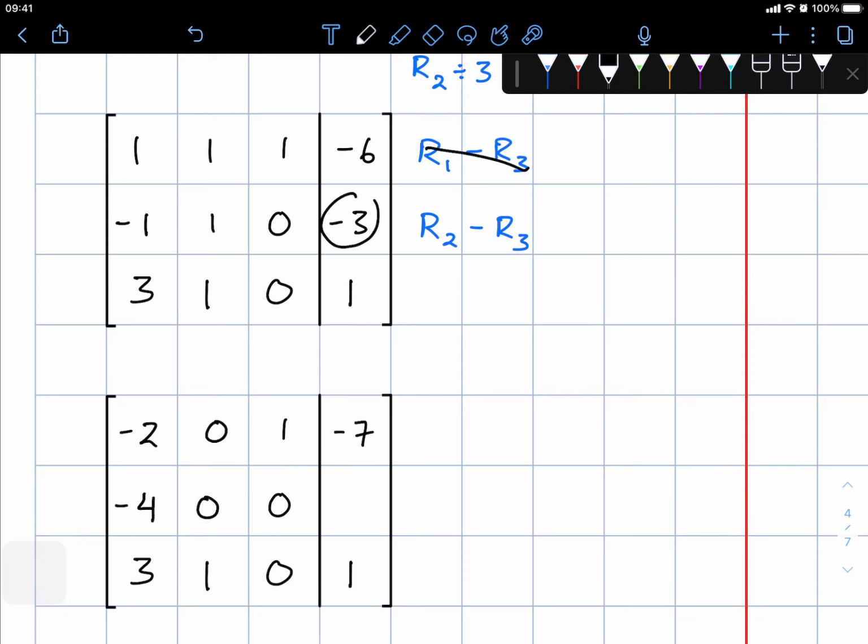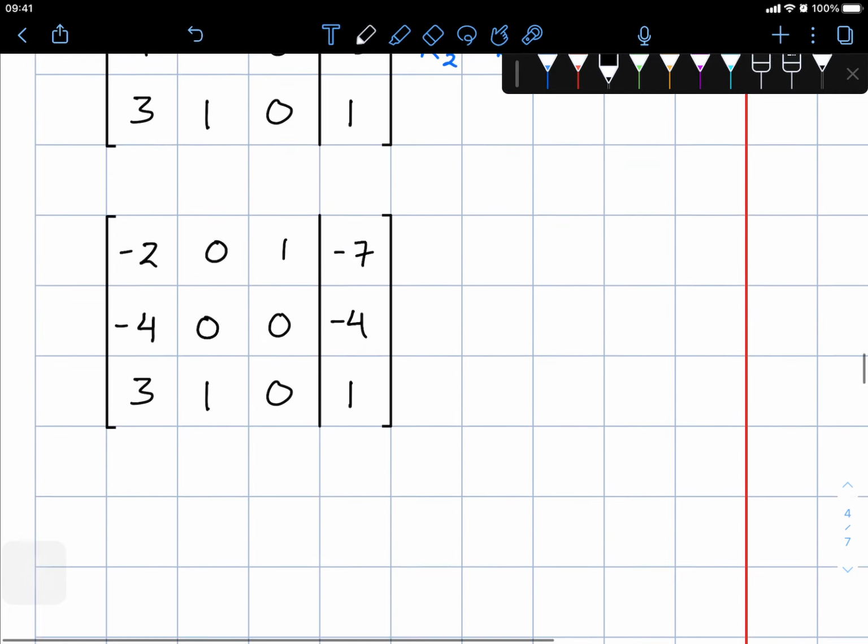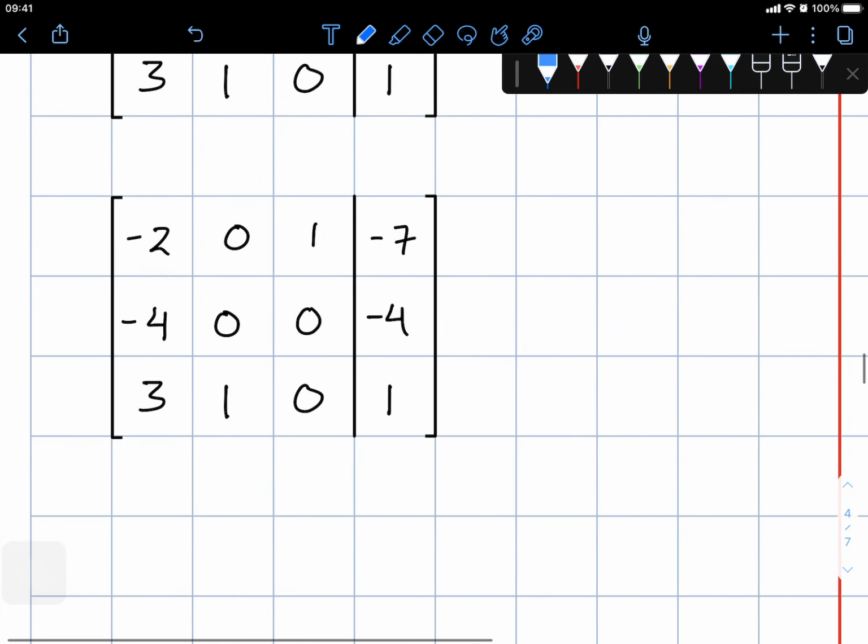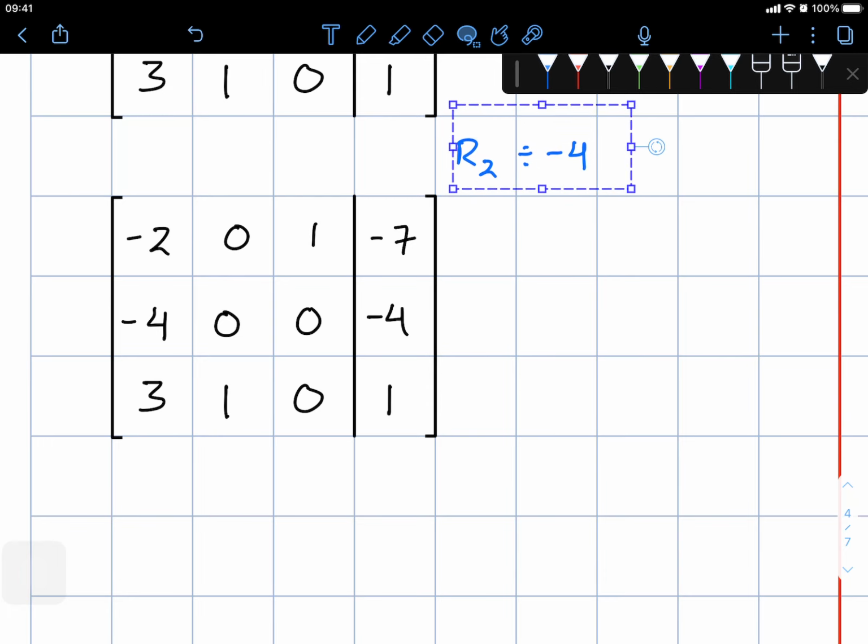And -3 take away 1 is -4. We can simplify this one. It's row 2 divided by -4. Since it's just 1, I can easily do that. It's just going to be 1, and oh, actually no, positive 1s.